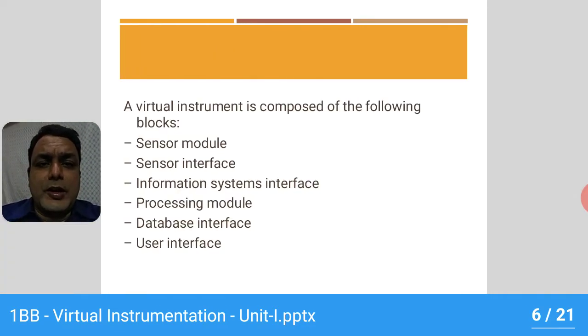As you see from the above diagram, a virtual instrument is composed of the following blocks: sensor module, sensor interface, information systems interface, processing module, database interface, and above all, the most important thing, the user interface.